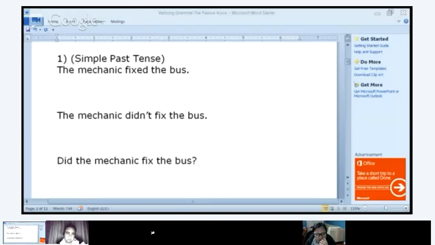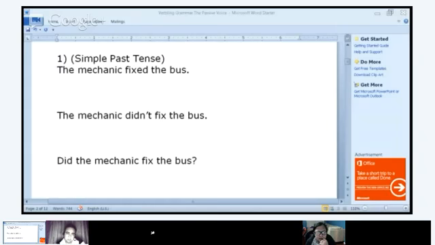Excellent. Okay, and, Luis, again, the bus wasn't fixed. Oh, no, sorry. Now, that's a good example, Luis. You have the passive subject, the bus, wasn't, which is simple past tense in negative form with the verb to be, but then you need the past participle of the verb fix, and that's fixed.